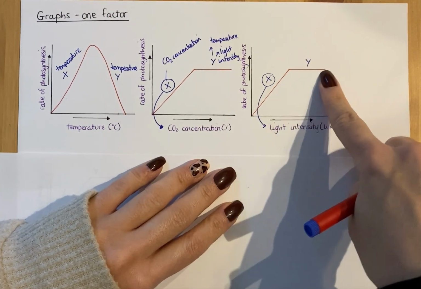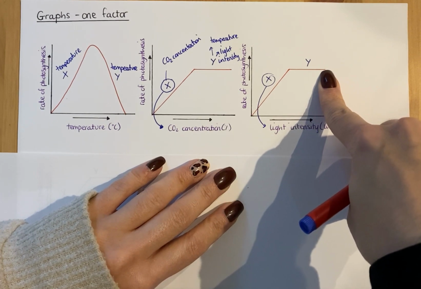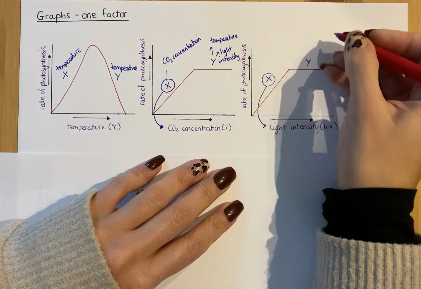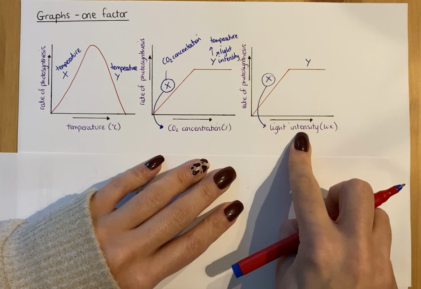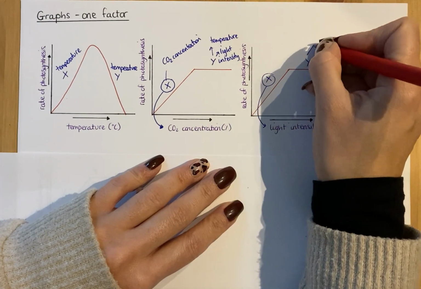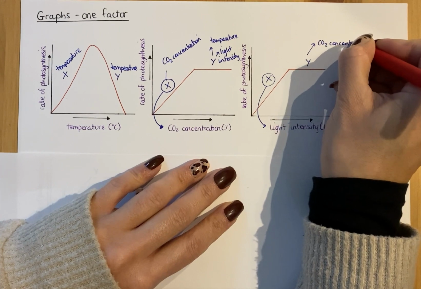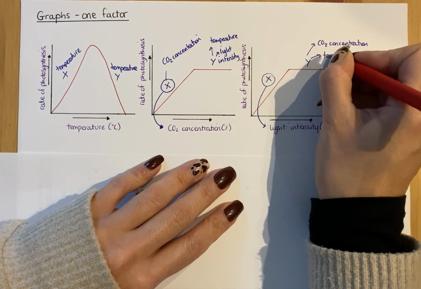Now, once it levels off and that rate of photosynthesis stays the same, that means that light intensity is no longer limiting it. Something else is limiting it. And that something else is either one of the other two factors that are left over. So if light intensity has already been used here, the other two factors left over are CO2 concentration, or we have one more, which is temperature.